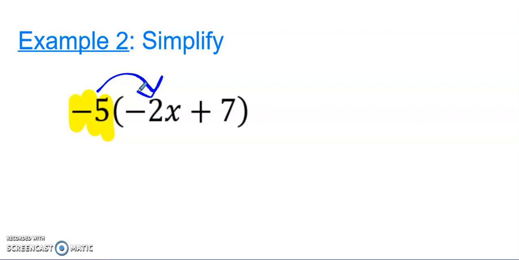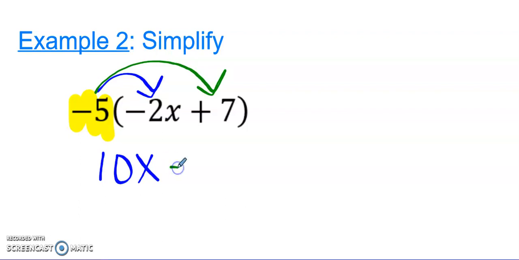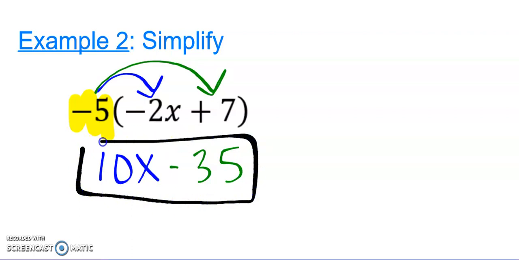A negative times a negative gives us a positive, and so that'd be a positive 10x. And then we're going to do negative 5 times positive 7. So negative times a positive is a negative, and 5 times 7 gives us 35. Go ahead and box our answer, which is 10x minus 35.